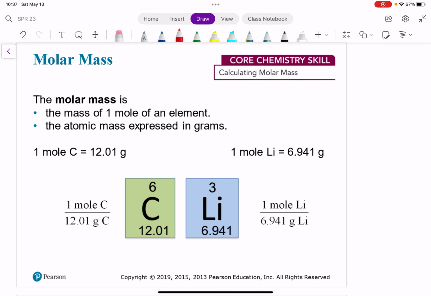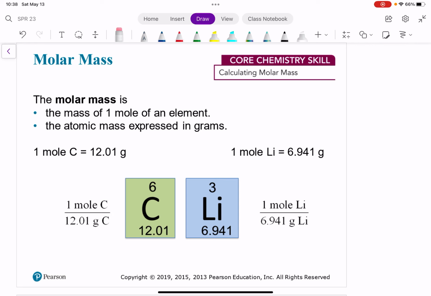So 1 mole of carbon is equal to 12.01 grams of carbon. 1 mole of lithium is 6.941 grams of lithium. Okay? So you get that molar mass by looking at the periodic table.